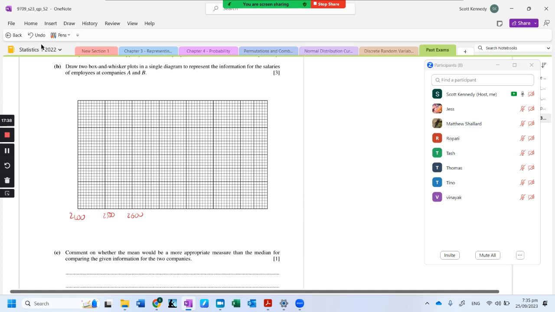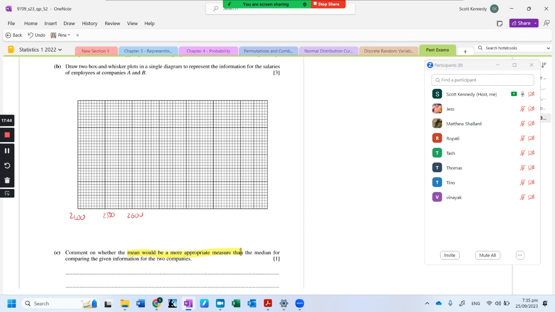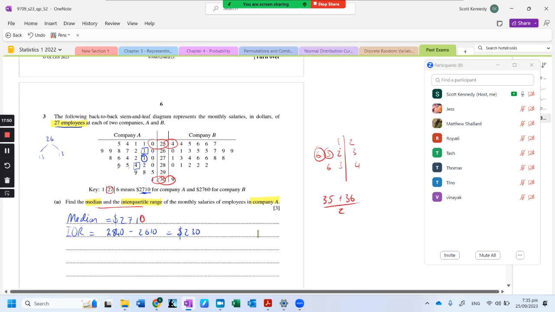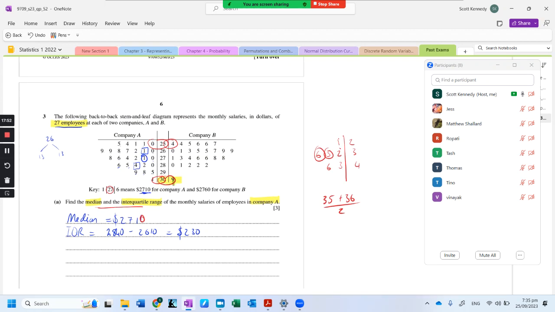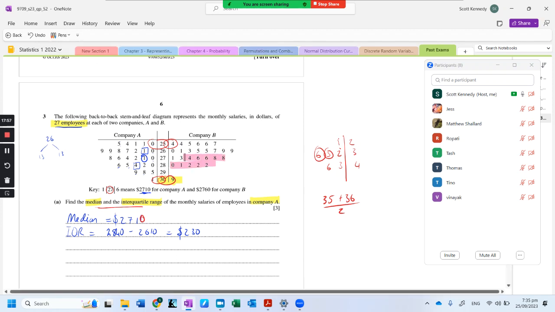The only other thing that we need to look at here, and I thought it was quite an easy question: comment on whether mean would be more appropriate measure than median. Okay, so look at the data you've got, and you'll probably have noticed, hey, look at this value here, and what do you notice about the rest of the values? Right, the rest of the values are lower.